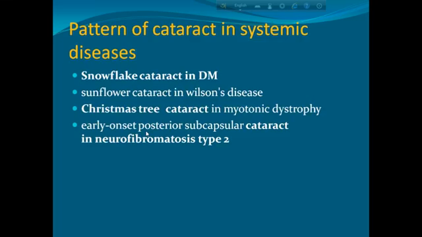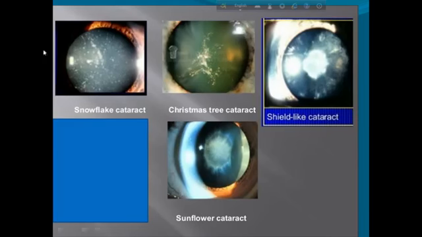In the next slide, there are some pictures you have to understand. This is the snowflake cataract, especially developing in diabetes mellitus, and sunflower cataract developed in Wilson disease, and Christmas tree cataract developed in myotonic dystrophy, and shield-like cataract in neurofibromatosis. These are the pictures, and you should remember there is a particular name of cataract for each systemic disease.